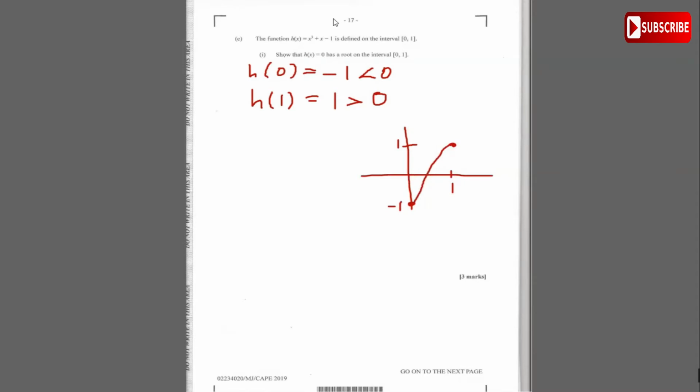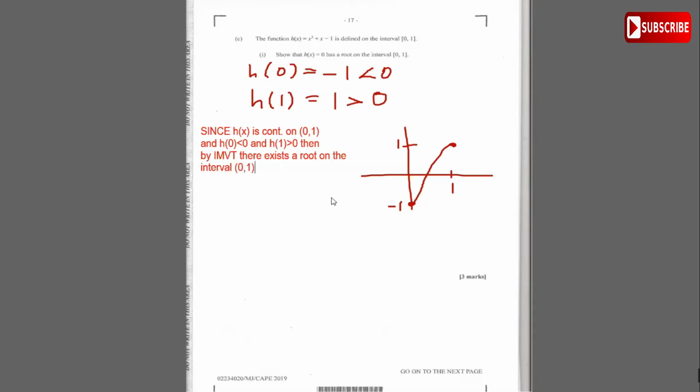And so by IVT, or you can say since h of x is continuous on the interval 0, 1, and h of 0 is less than 0, and h of 1 is greater than 0, then by intermediate value theorem, there exists a root on the interval 0, 1.